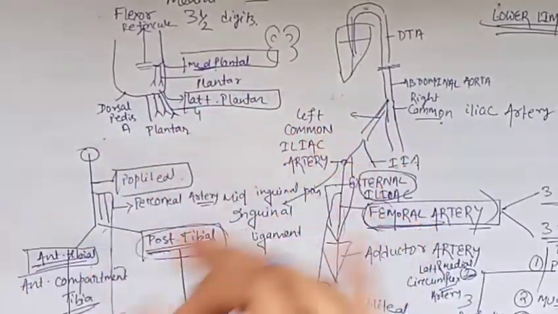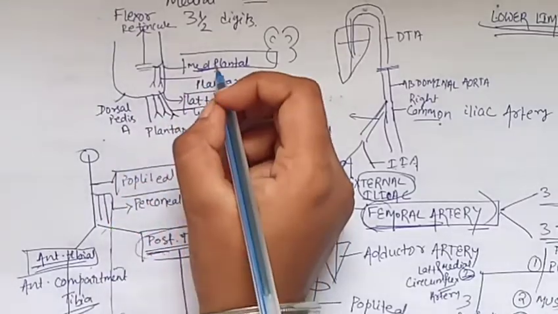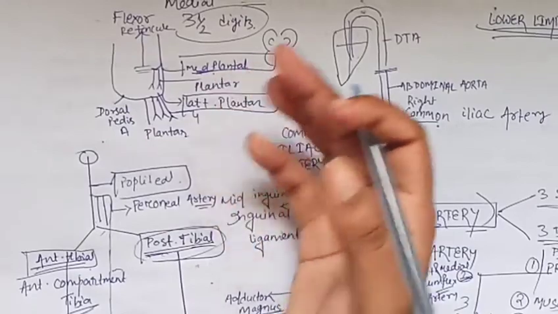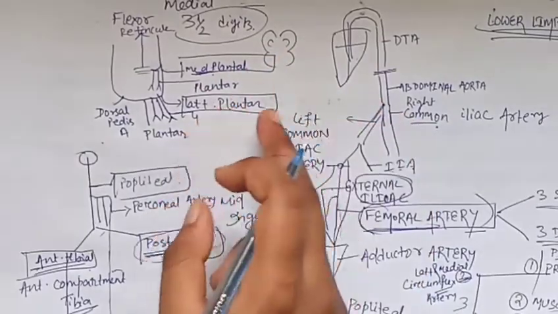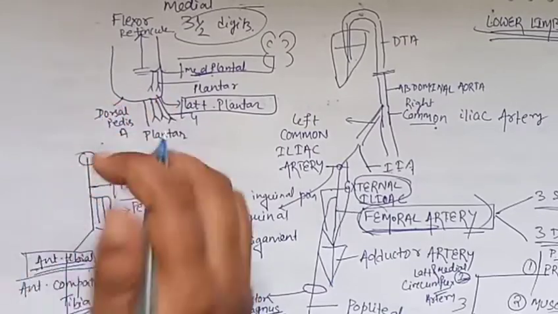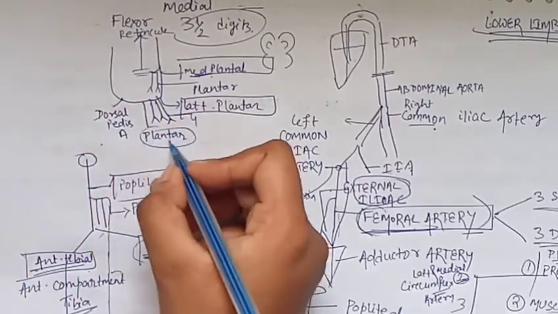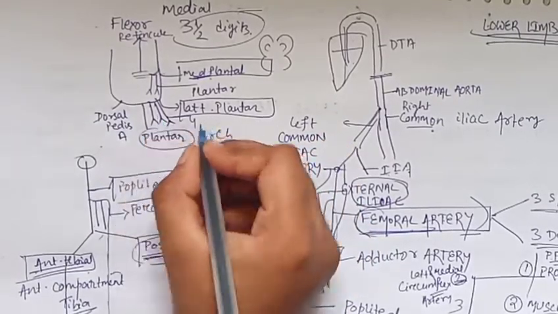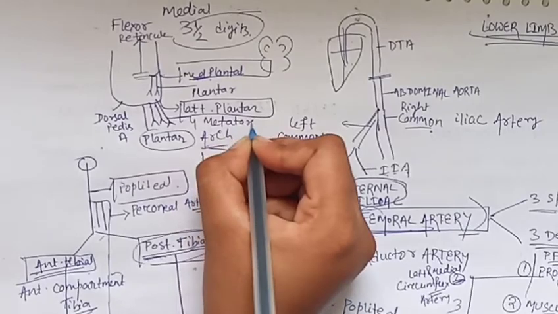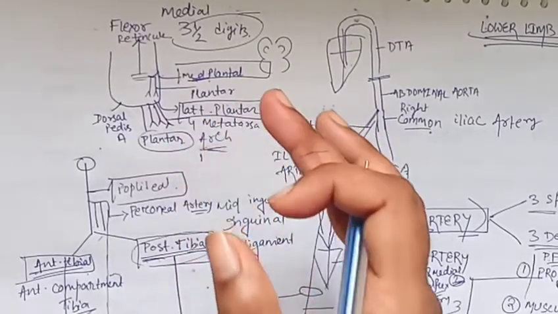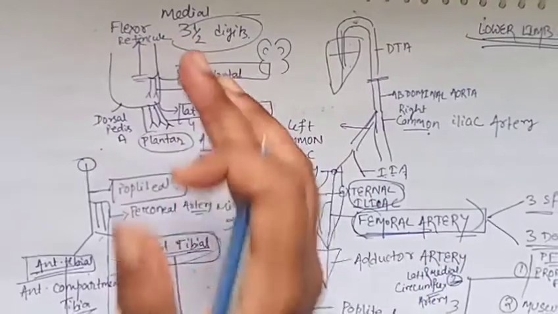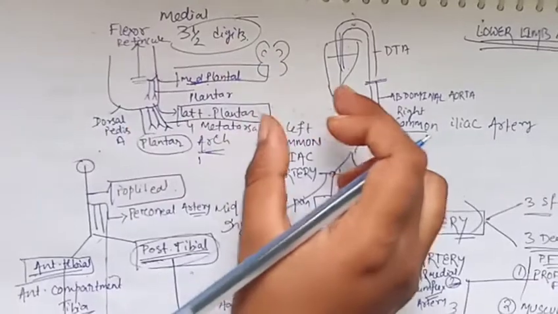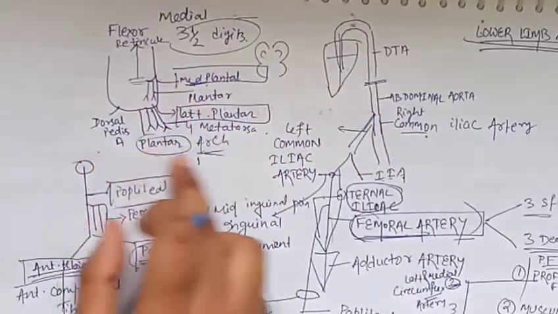If you do not remember anything, remember only that the medial plantar gives the medial 3.5 digits, the medial side of the sole, whereas the lateral plantar arch, combined with the dorsalis pedis artery, forms the plantar arch, which mainly gives four metatarsal branches, with two adjacent digital branches. So including that, the big toe and little toe are also supplied by the plantar arch.